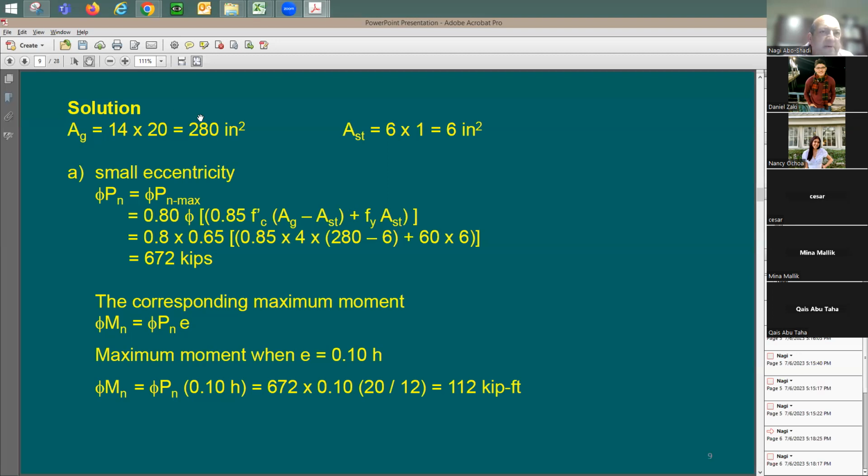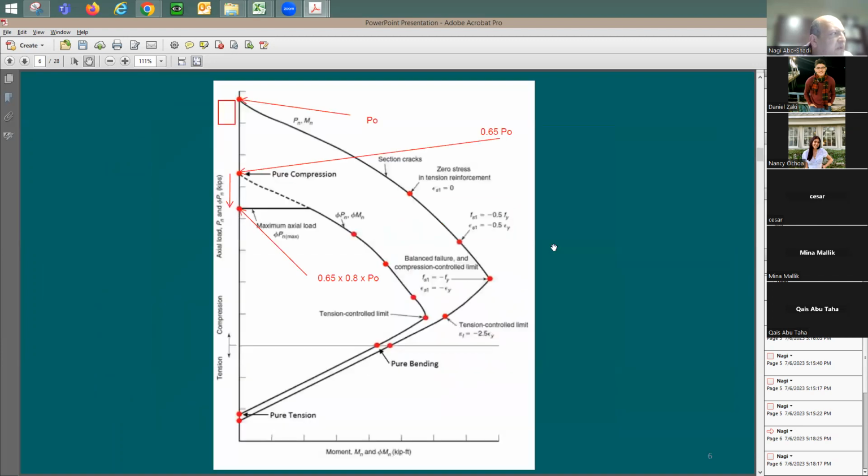For the first one here, the pure compression, small eccentricity, I have the cross-section area of the column. I have AST, amount of steel, vertical steel. I can apply my equation here. It says here 672 for this axial compression point. You're going to say, where is this point? I'd like to see it on the interaction diagram. I'm going to go back here and say, this is going to be this point here.